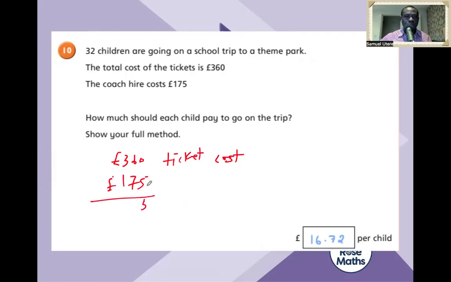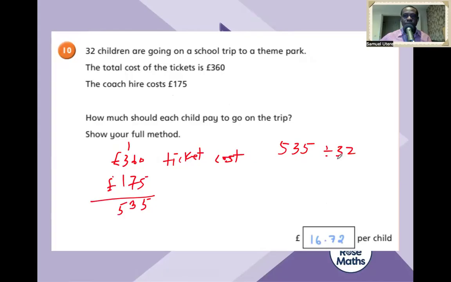So that's 5. 7 plus 6 is 13. So we write 3. We carry 1. 1 plus 3 is 4, plus the 1 is 5. Now we want to find out what each child will pay. So our final step will be 535 divided by 32.